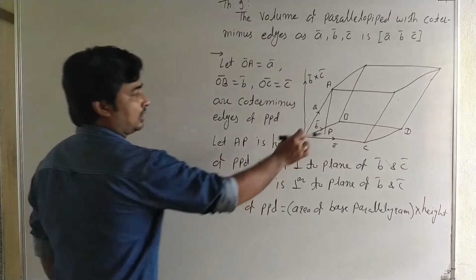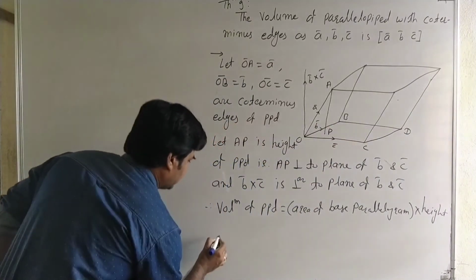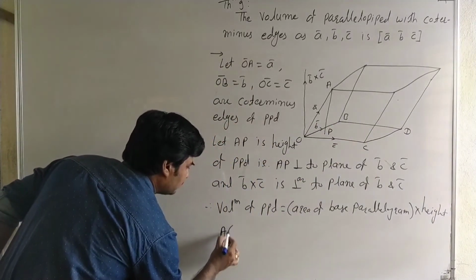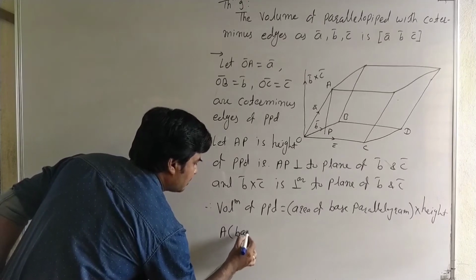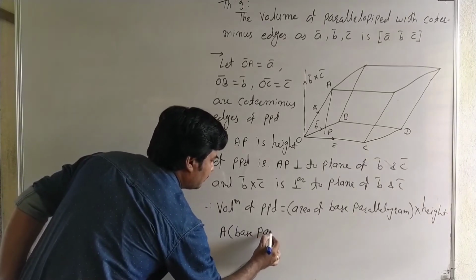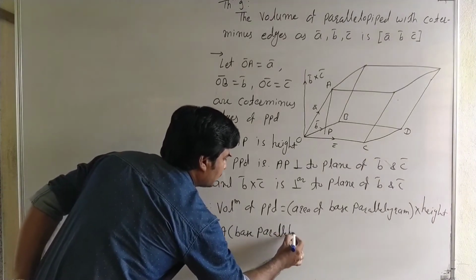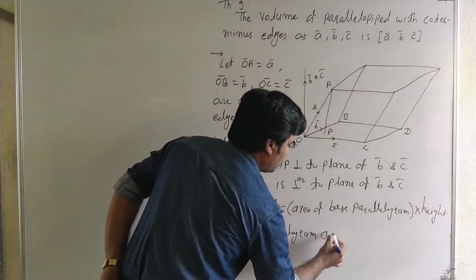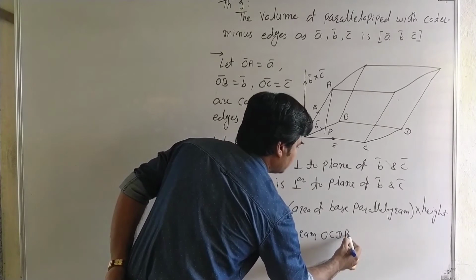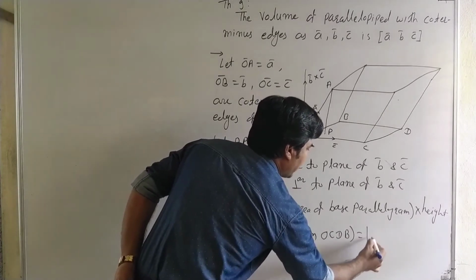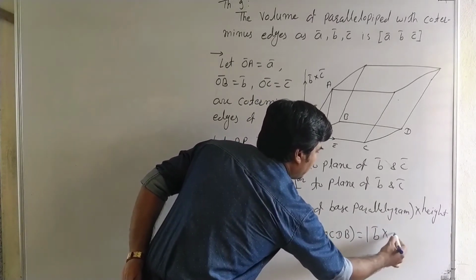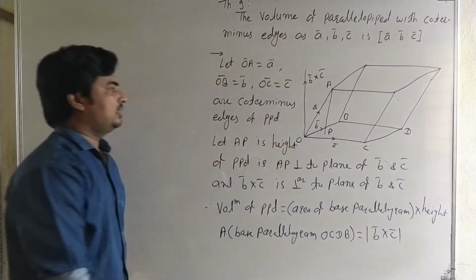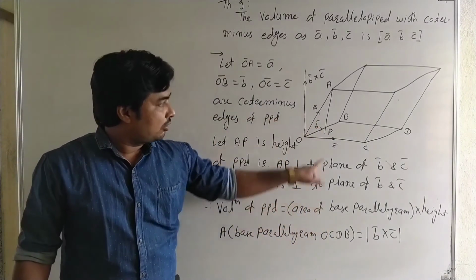Therefore first we find the area of the base parallelogram. Area of base parallelogram OCDB is equal to magnitude of B bar cross C bar. It is the area of the base parallelogram.